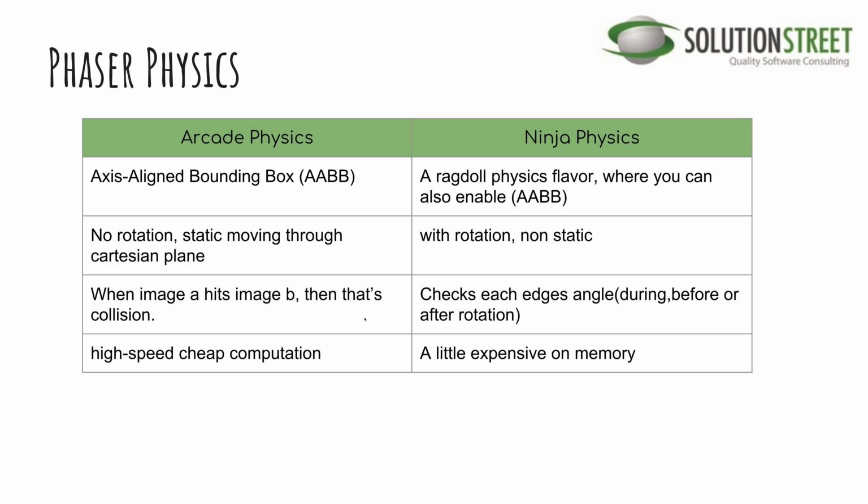It's just X and Y. When your boundary hits my boundary, that's it. It's very high speed and cheap on computation because it just checks if our X and Y are in the same area, and then we already have a hit or a collision.